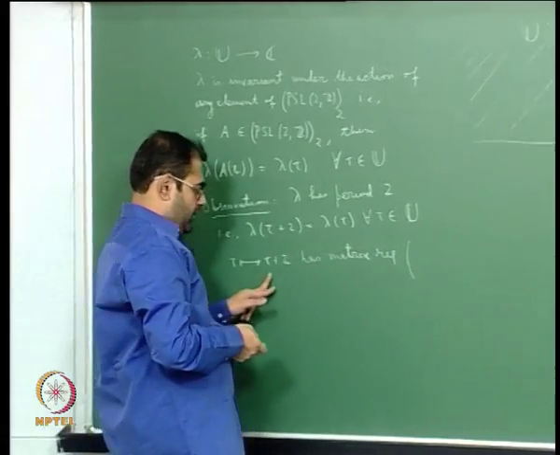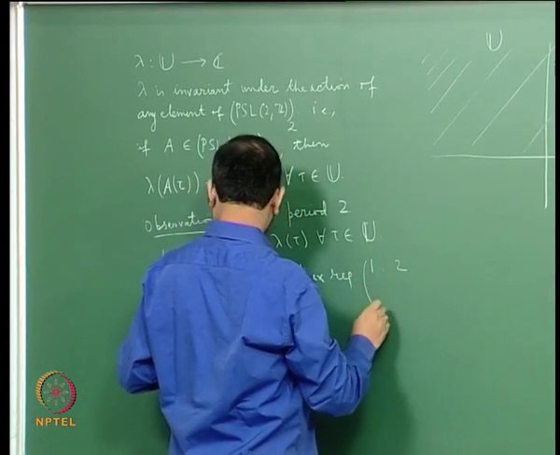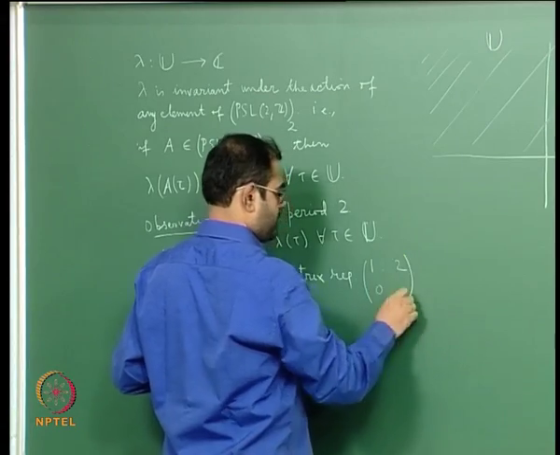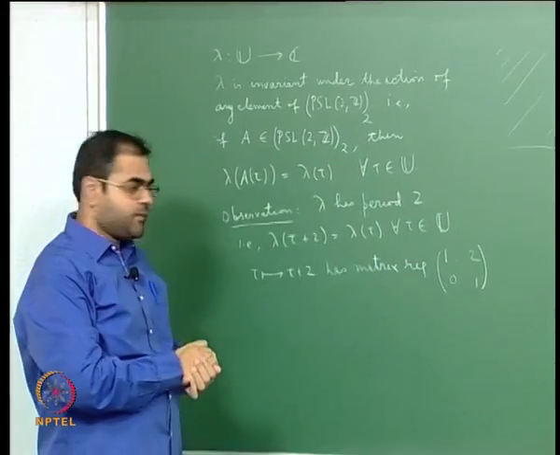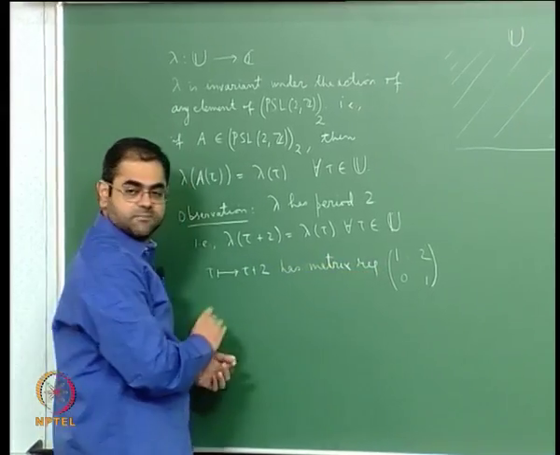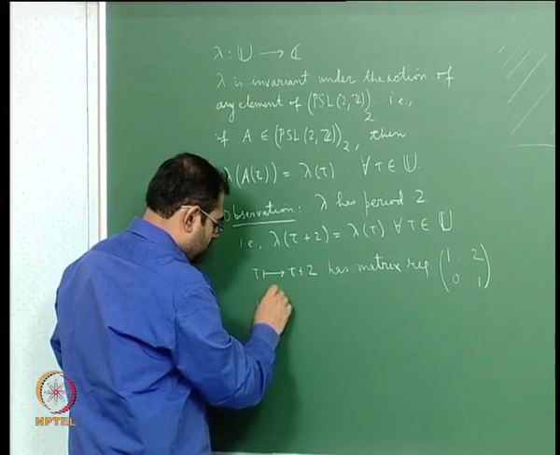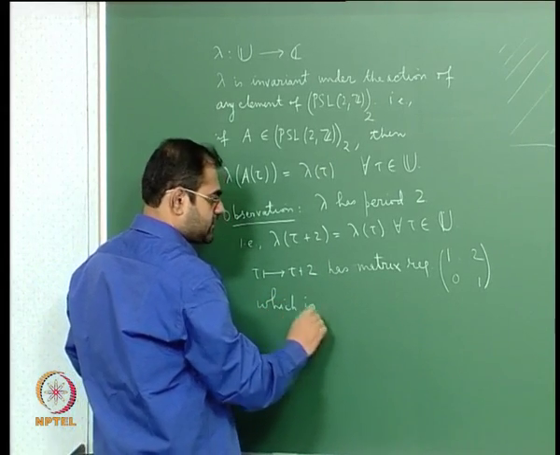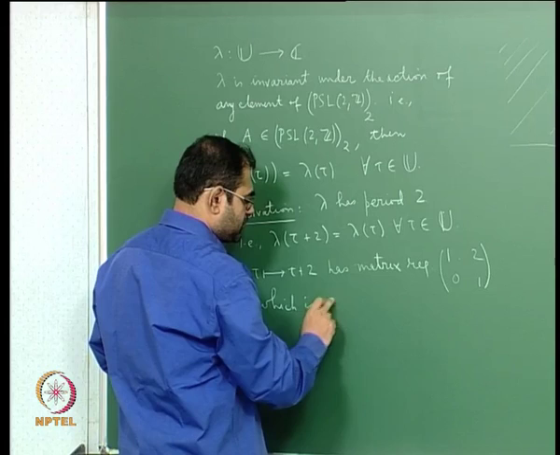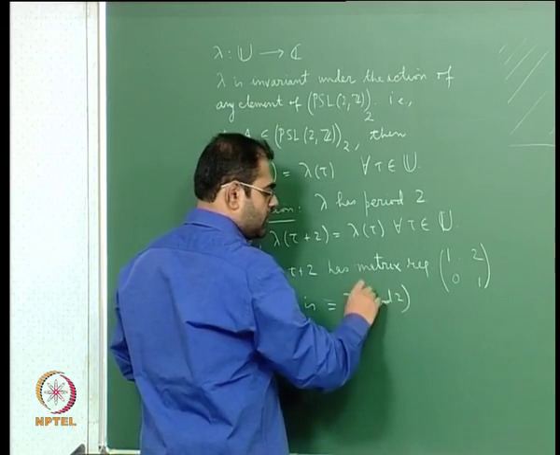Here it is going to be the matrix 1 2 0 1, and if I read it mod 2, it is the identity matrix, which is I2 mod 2.